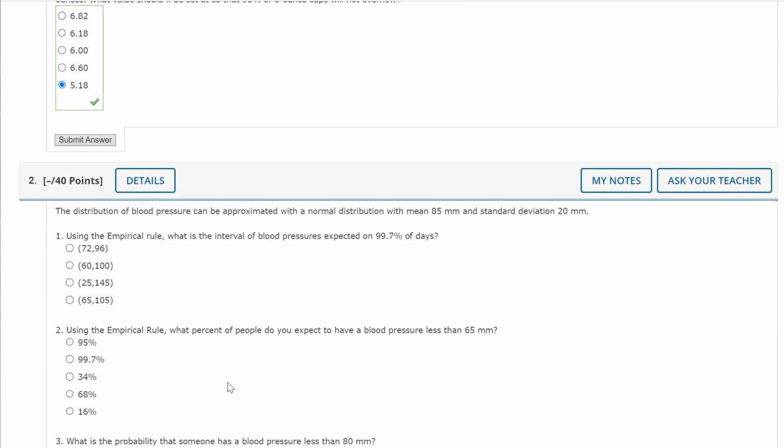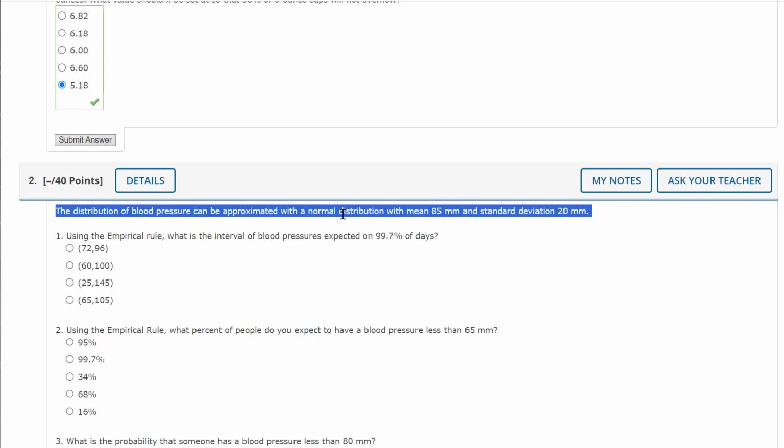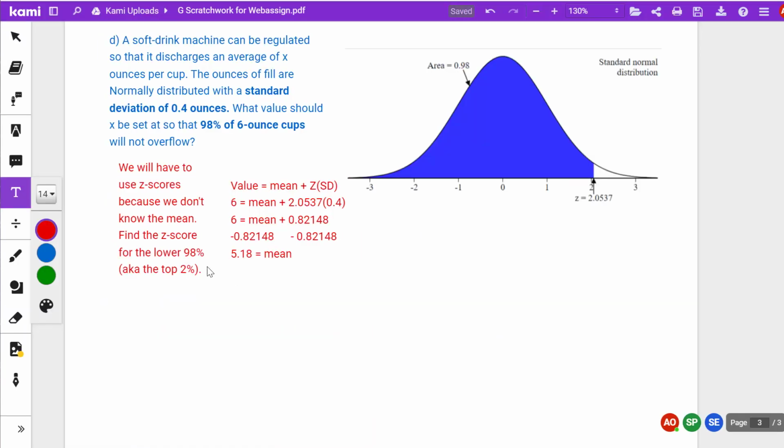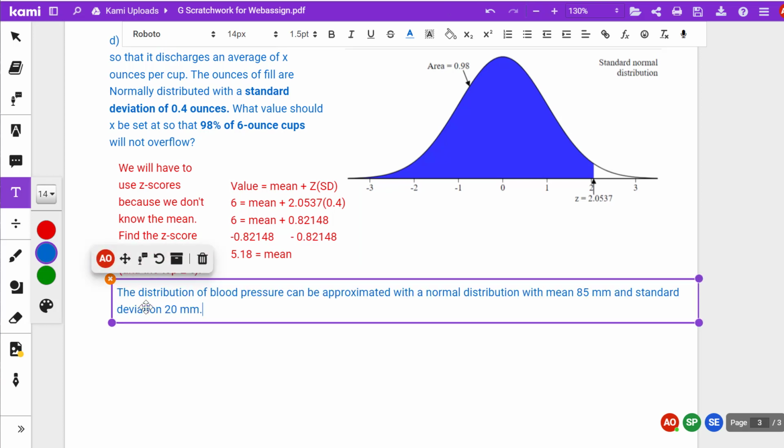Using the empirical rule, so now we have, oh, by the way, the nice part is you can use this on the Stapplet to remind you of the empirical rule. So let me go put the problem in. Here's my next problem.